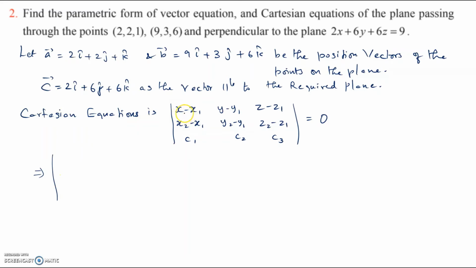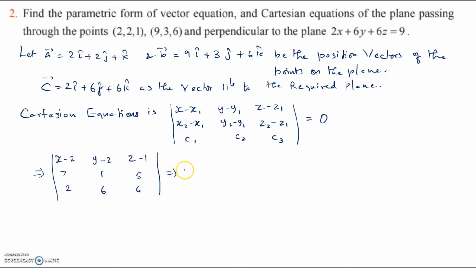So further substituting the values, we get the determinant of x minus 2, y minus 2 and z minus 1, and here x2 is 9, 9 minus 2 which is 7, 3 minus 2 is 1, 6 minus 1 is 5, and c1, c2, c3 is 2, 6 and 6.